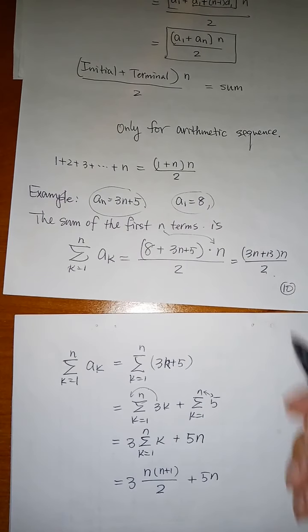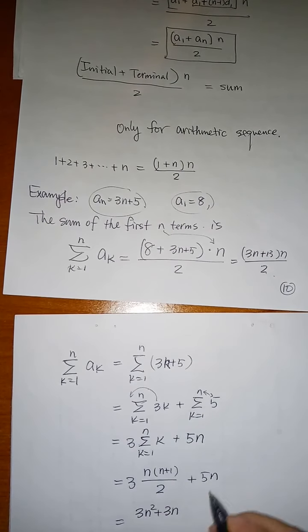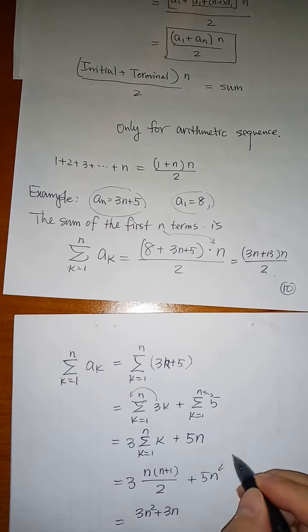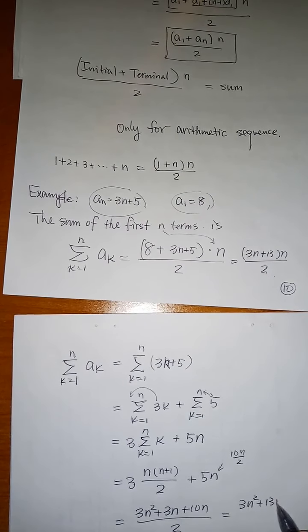Then are they the same? Let's check. So 3 times n times (n plus 1), so 3n squared plus 3n, plus 5n, this is 10n over 2, so plus 10n, the total thing over 2. So it's 3n squared plus 13n over 2.